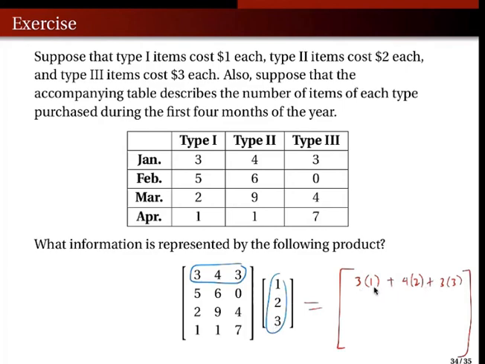So what is this sum that you see here? 3 times 1 plus 4 times 2 plus 3 times 3. What is that sum? What does it represent? You can type in your answer in the chat room, or you can just speak.